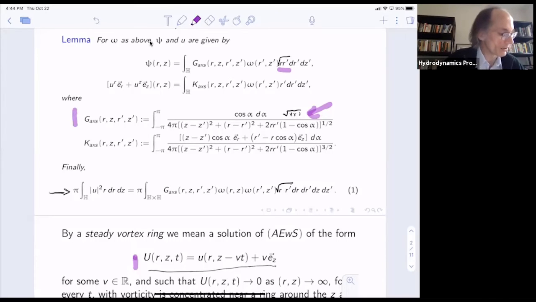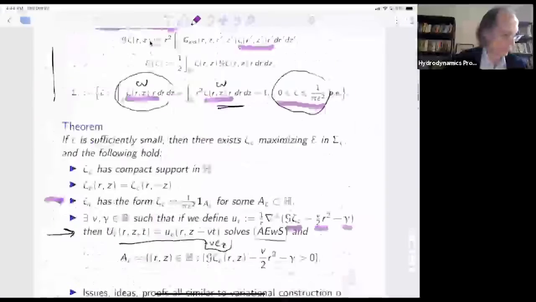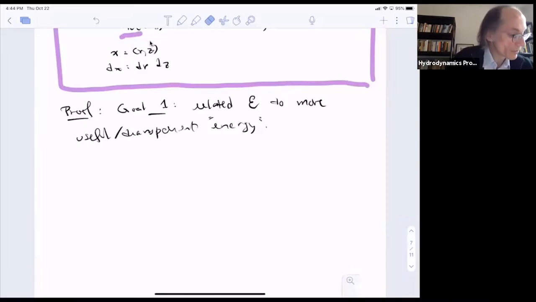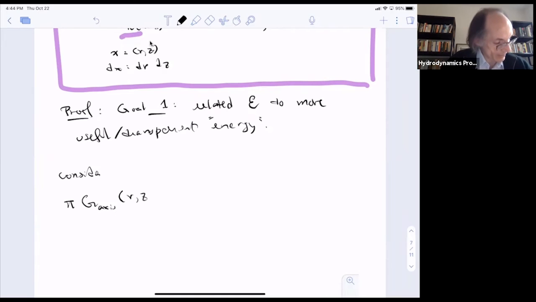And so, right, and so I really want, okay, so there's a factor of pi. I'll bring that inside here. And so I want to look at, so we'll consider pi times this G axisymmetric of R, Z, R prime, Z prime.